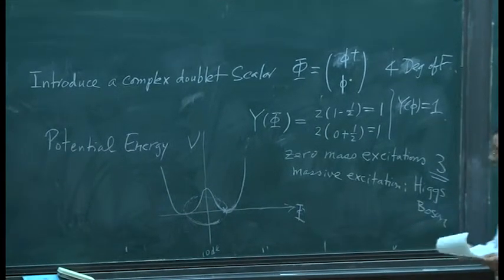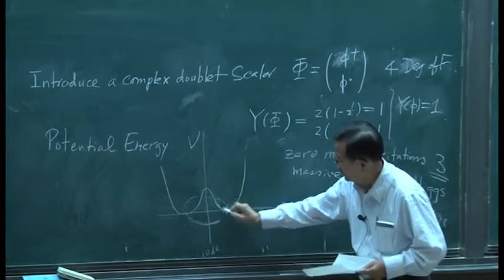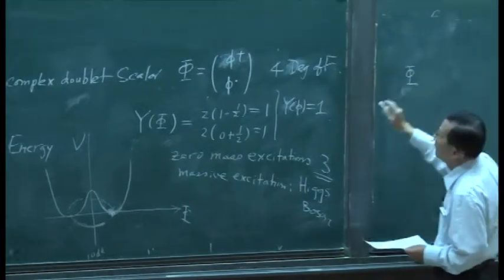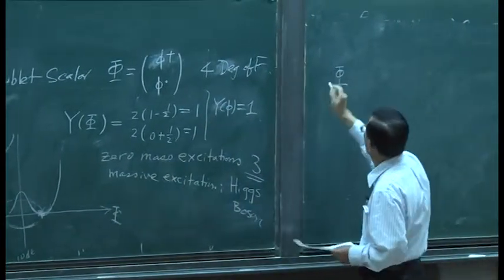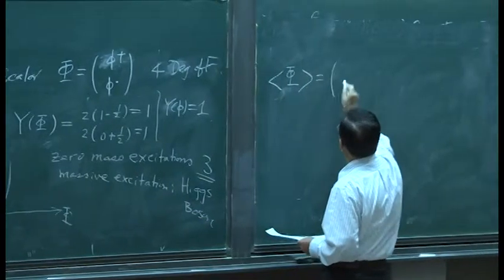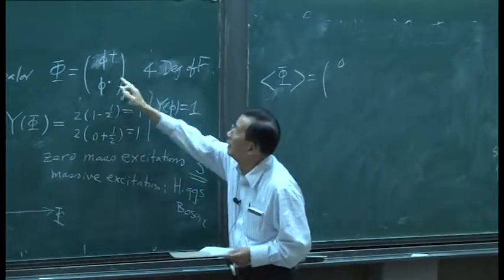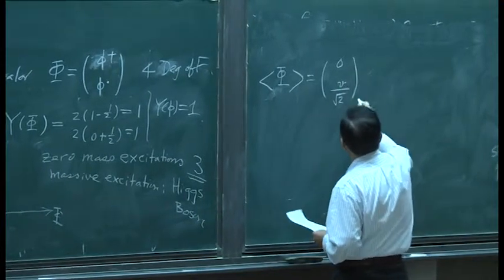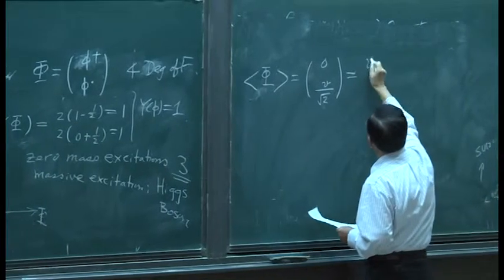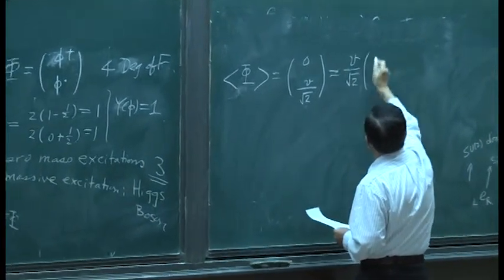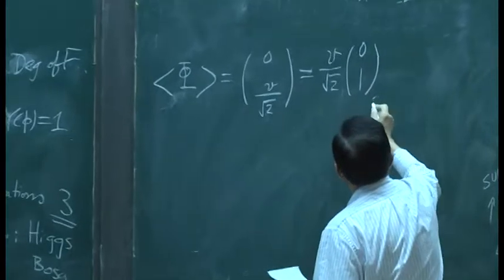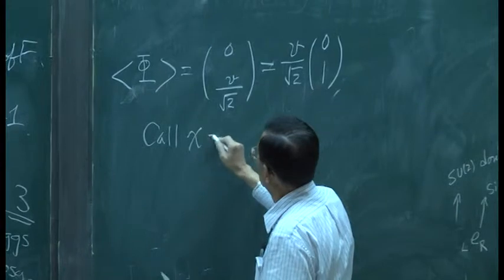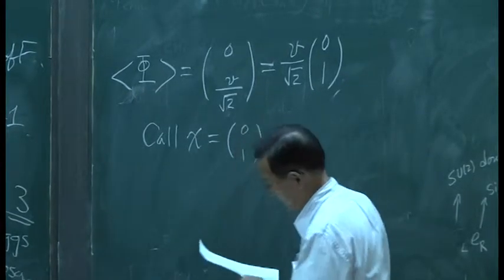Now, if you pick this direction for polarization, then this field here will have a vacuum expectation value. It will be 0 here, and here is usually called V over square root of 2, like this. So let me write 1 over square root of 2, (0, V). And call chi equal to (0, 1). Okay.